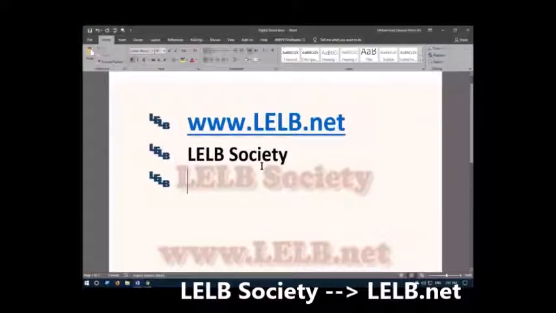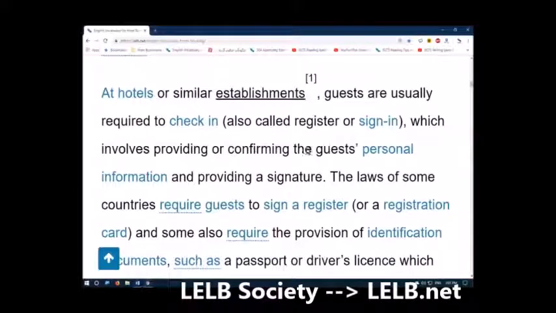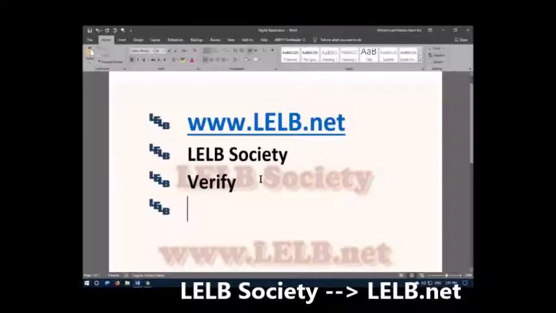Confirm means verifying the guest's personal information and providing a signature. So technically you register for a room and you just request that you want to occupy a room, making a reservation.